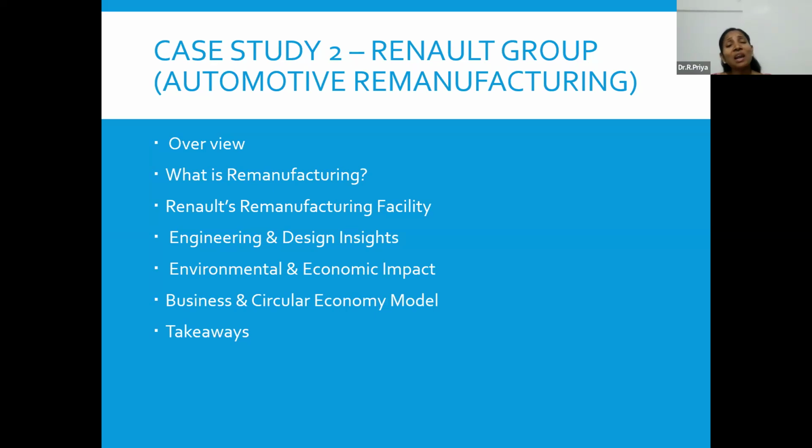Then the environmental and economic impact. There are 70% energy savings and 80% less raw material use compared to producing new components. Another environmental impact is a lower carbon footprint per unit.